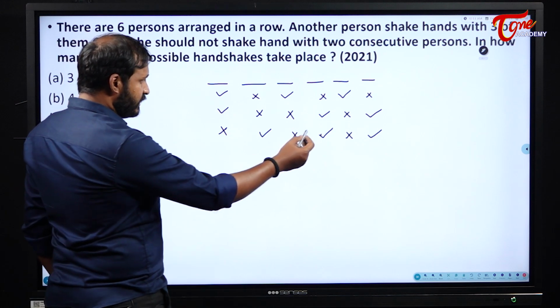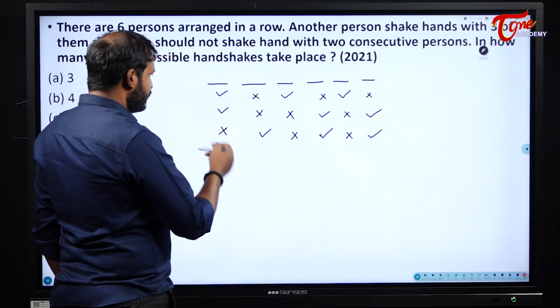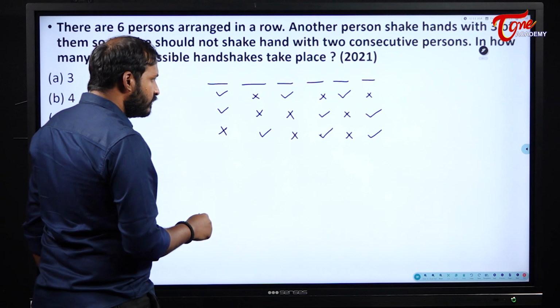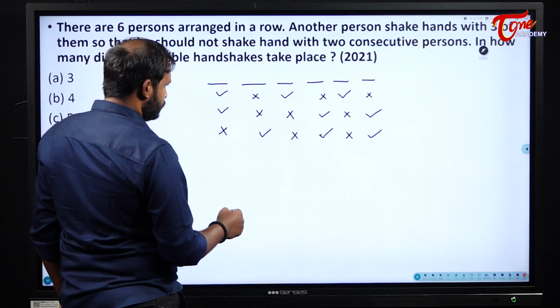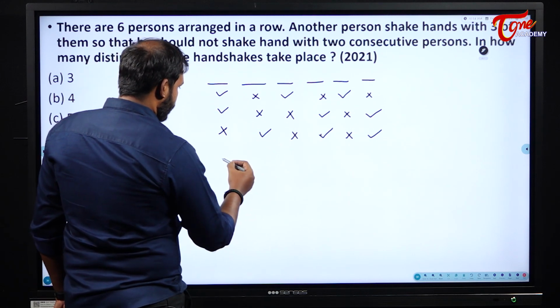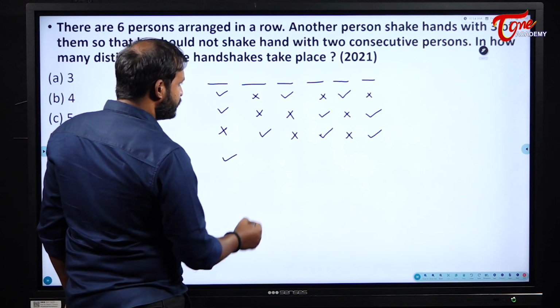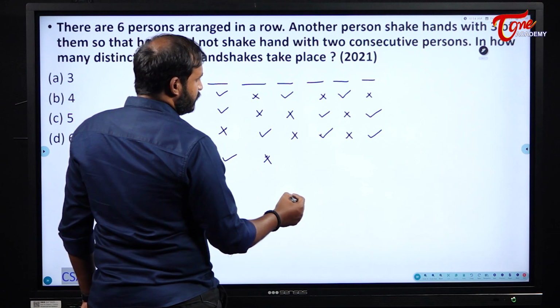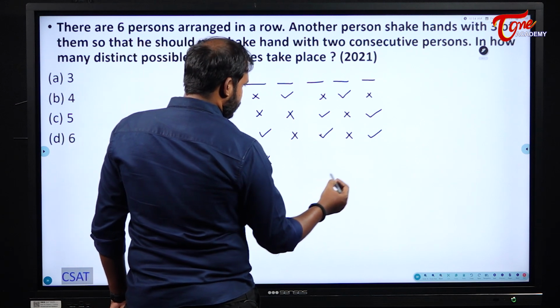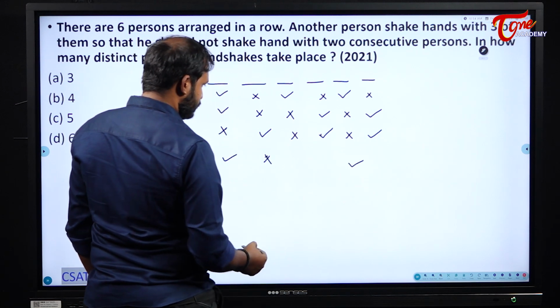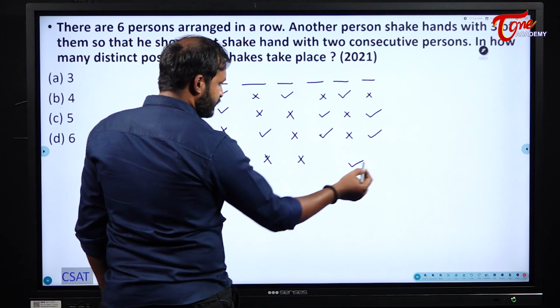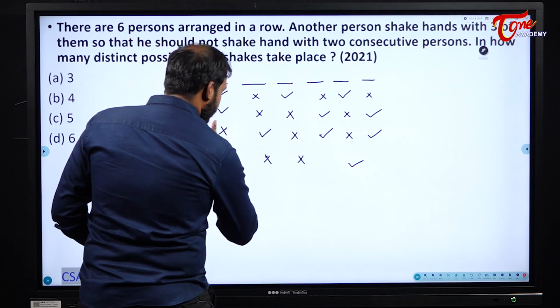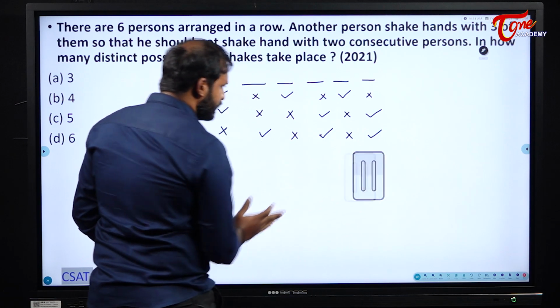If you observe carefully here, if he shakes hands with these 2 persons, that is fine. Or else, if he shakes hands with this person and neglects this person and shakes hands with this person, definitely he should make a handshake, once again here or here. So overall 3 persons he should shake hands with here.